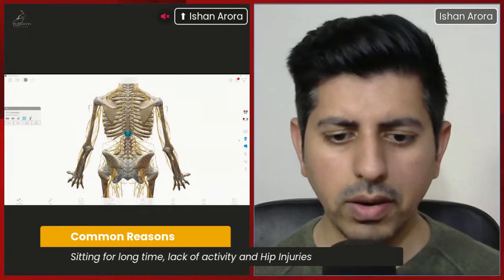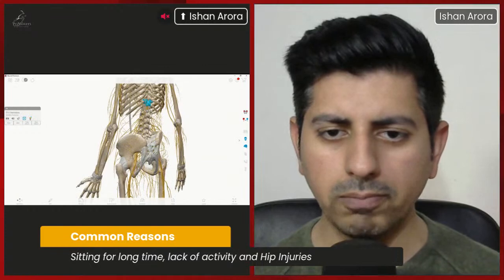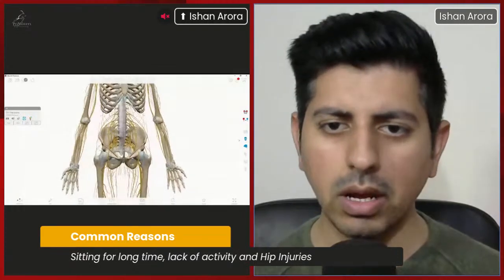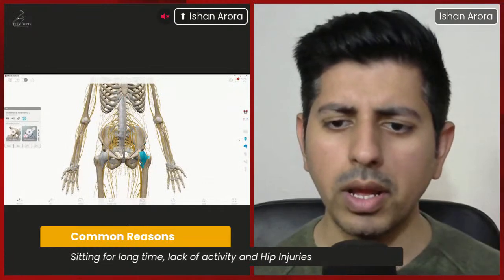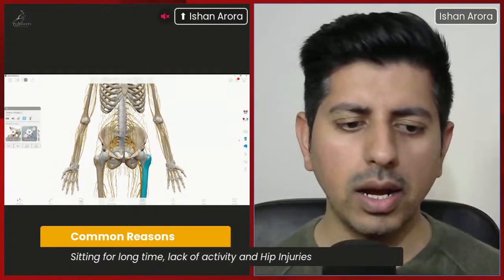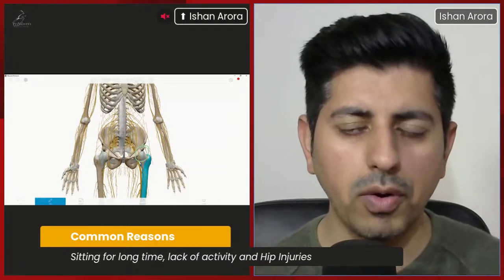As we can see here, the hip joint is where the thigh bone meets the pubic bone. This is called the pubic bone, and this is the thigh bone. It makes a joint which is called the hip joint. This is exactly what we're talking about today.